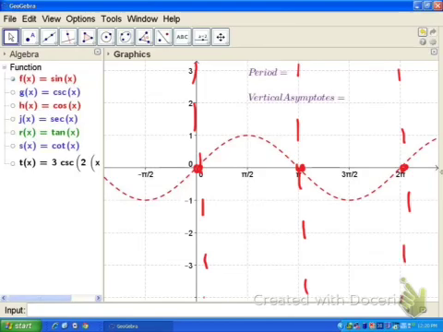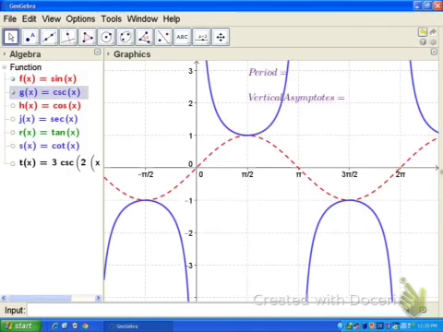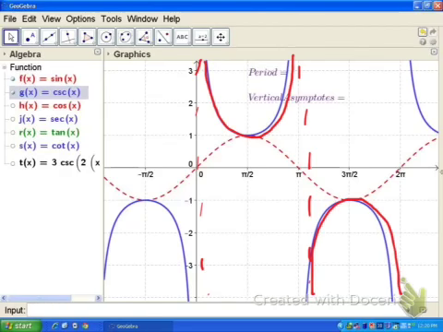And what happens in between those places? Well, it's actually very simple. Let's just look and see what the graph of cosecant looks like when we have sine graphed with it. We have our vertical asymptotes, and then it just has all your loop-de-loos.